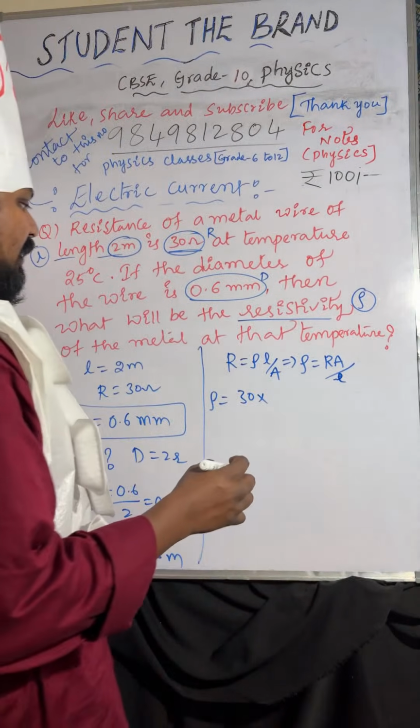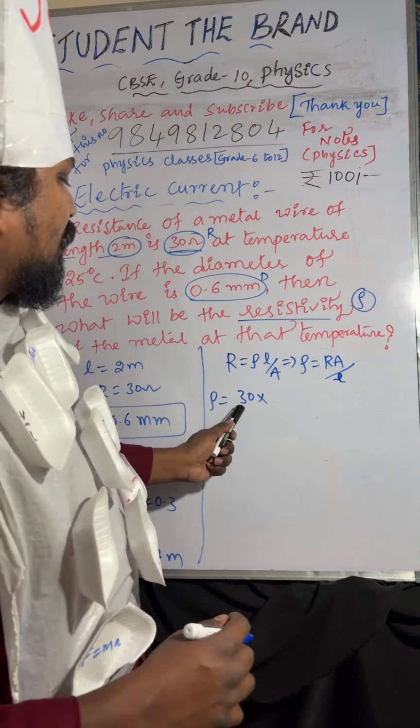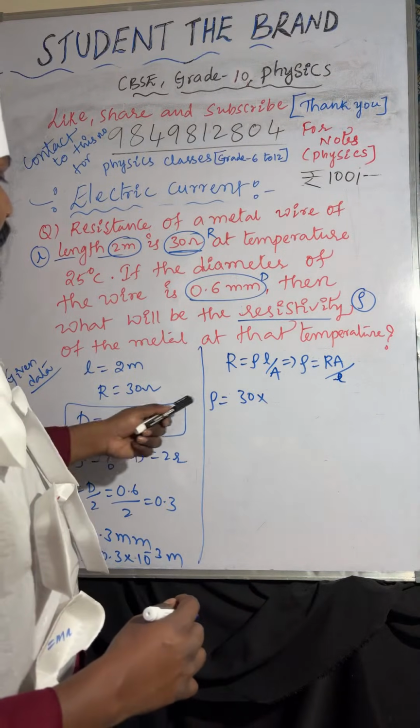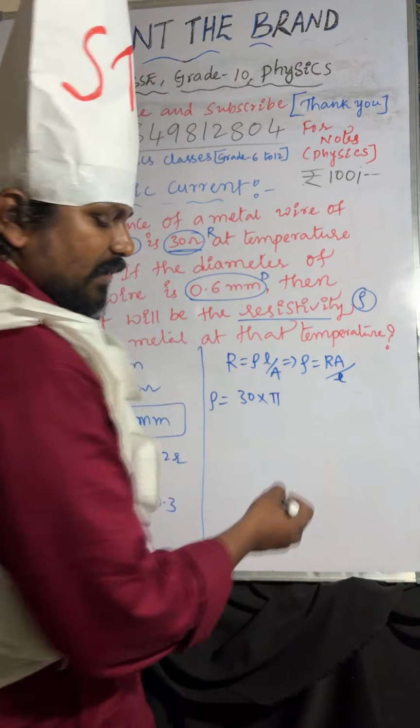So first you can see here R equal to rho into L by A. So rho equal to how much? R is 30, and area equal to pi R square. Pi is nothing but 3.14.